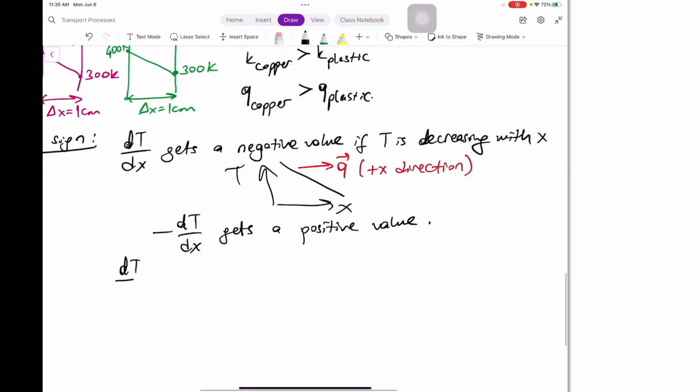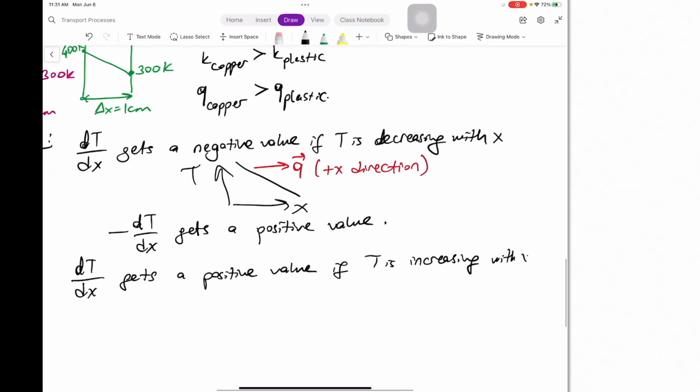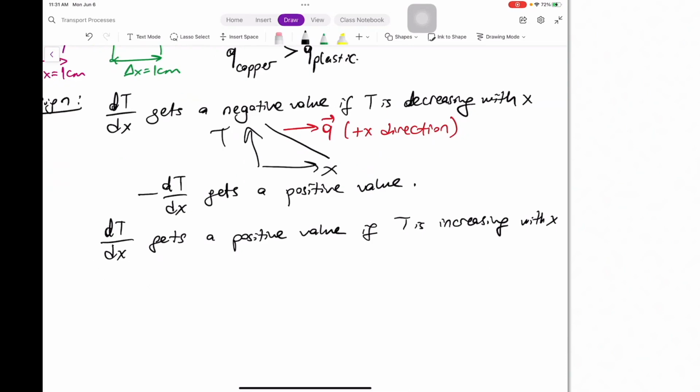Similarly, dT over dx gets a positive value if T is increasing with x, correct? Yes? No? What do you think?